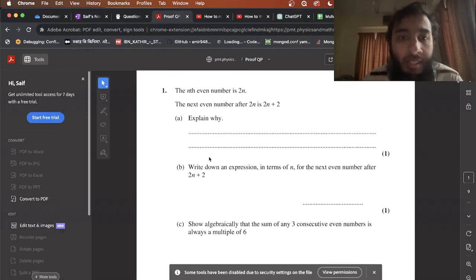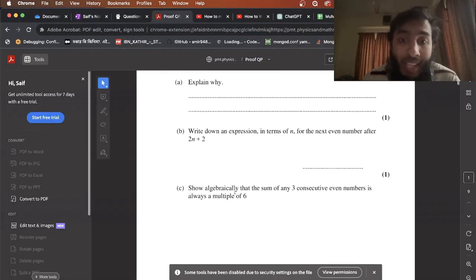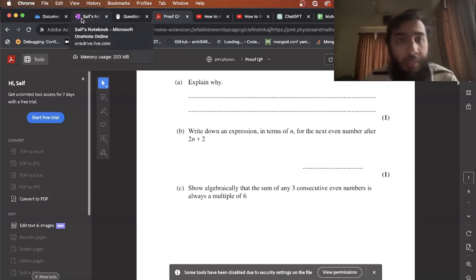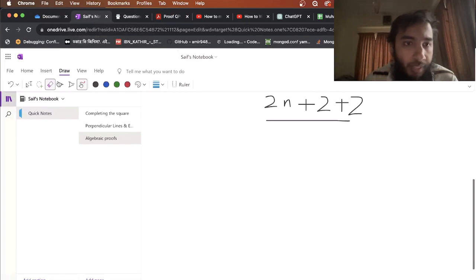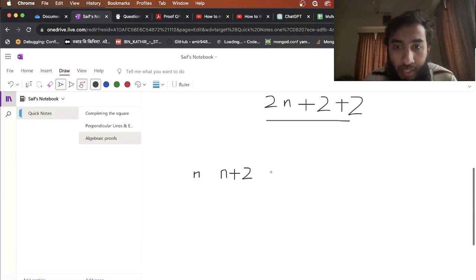So problem 1C says show algebraically that the sum of any three consecutive even numbers is always a multiple of 6. So we can algebraically express three consecutive even numbers as, if I use the pen tool, if n is an even number, then the next even number is n plus 2, and the next even number after n plus 2 is n plus 4, right?